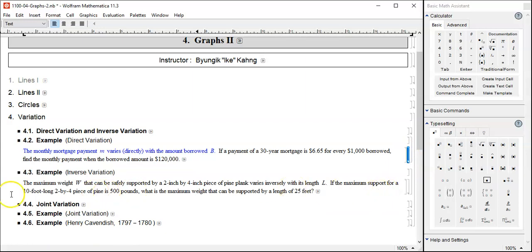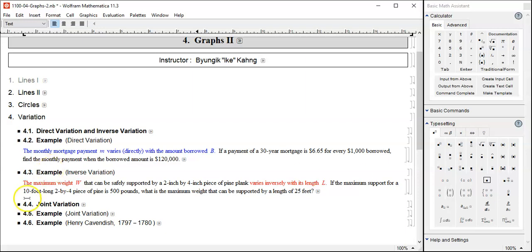How about the next example? This one is an inverse variation example. Maximum weight W varies inversely with the length of the plank. If L is doubled, tripled, quadrupled, tenfolded, and so on, then W has to be halved, 1/3, 1/4, or 1/10, like those. It's inverse. Multiplication becomes division.